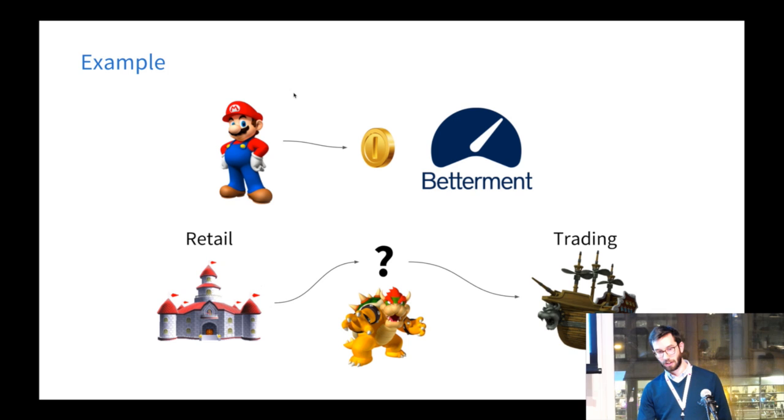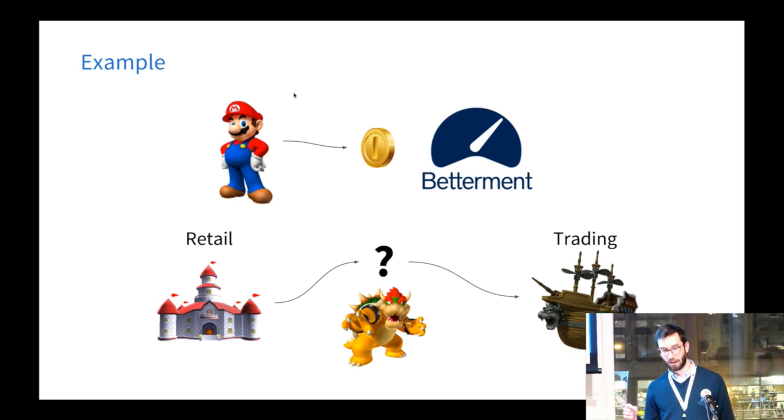Let's look quickly at an example. What we want to talk about is when a customer comes to Betterment and they want to deposit money. Typically they do this on a recurring basis, and then that money grows over time, and then hopefully they achieve their goals. Well, when they want to make a deposit, they come to our retail application. That's the nice little castle that we have.